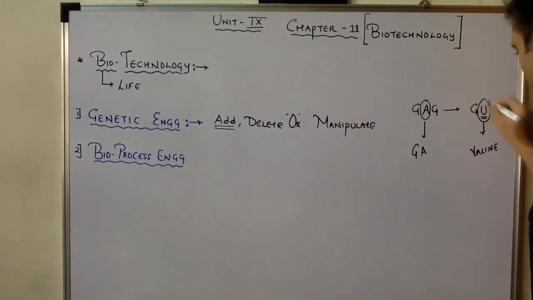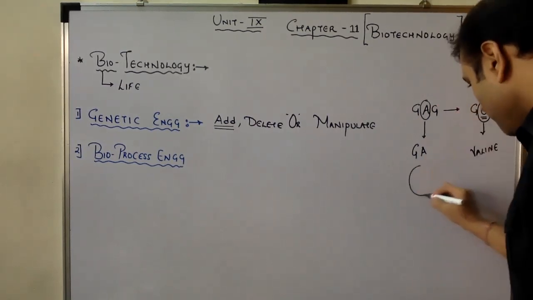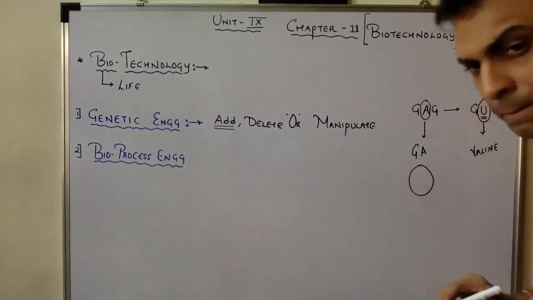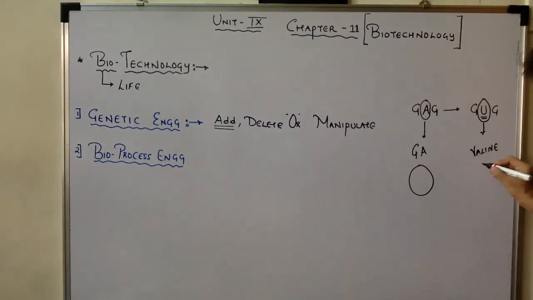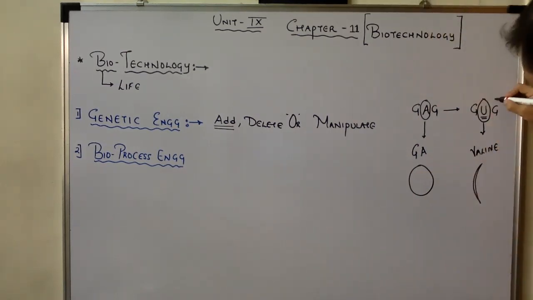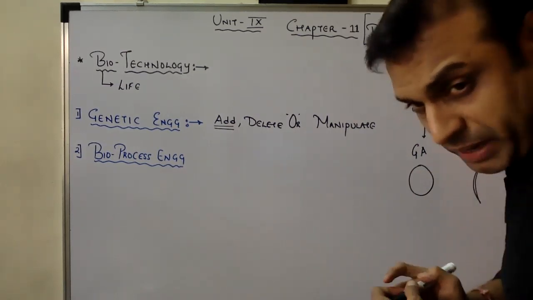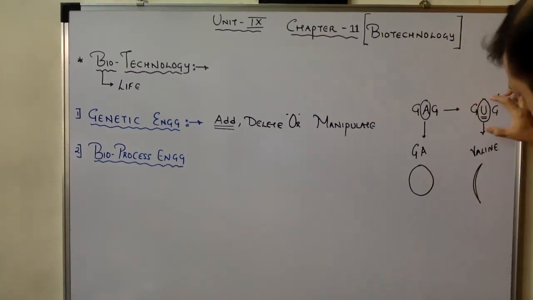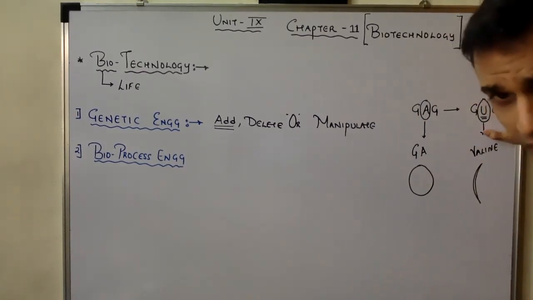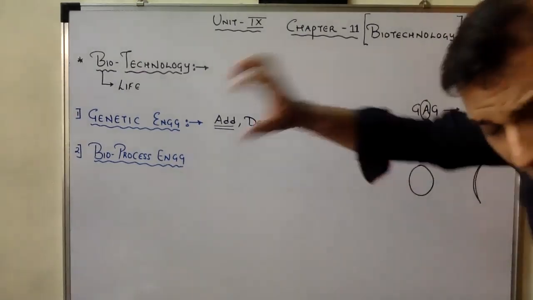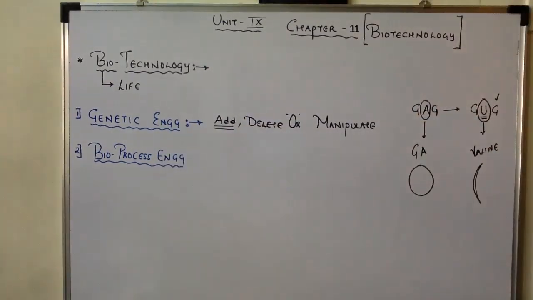Because of this mutation, a normal RBC, which is a biconcave RBC, is converted into a sickled RBC. Okay. Now, मेरे को पता चलता है zygotic stage में कि ये change हुआ है या mutation हुआ है, तो वापस मैं genetic engineer के पास जाऊंगा और उसको बोलूंगा कि ये मेरे को problem दिख रहा है.